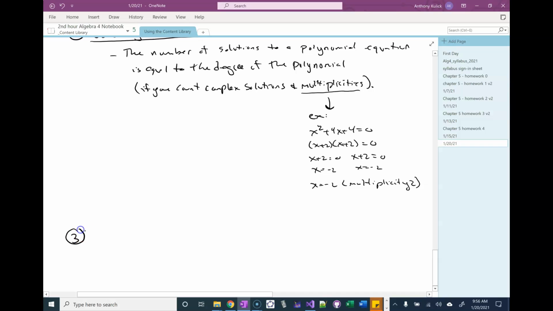The next tool is called the factor remainder theorem. And we've already talked about this, we just didn't use the name for it.